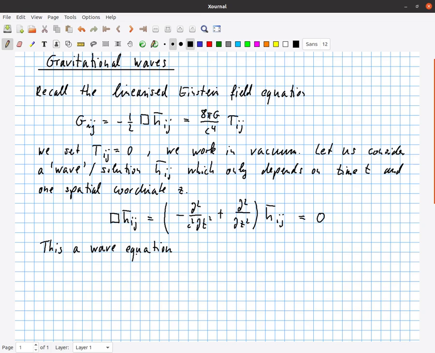This is a wave equation for the components of h bar ij. In general, these are 10 wave equations, and the solutions in a sense correspond to waves traveling in the z direction.